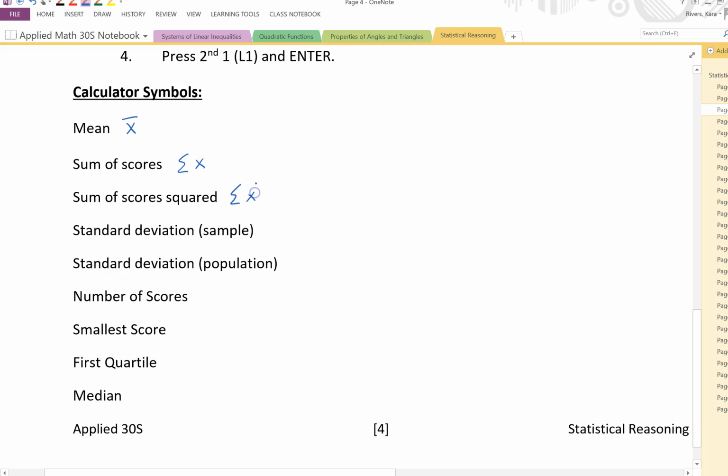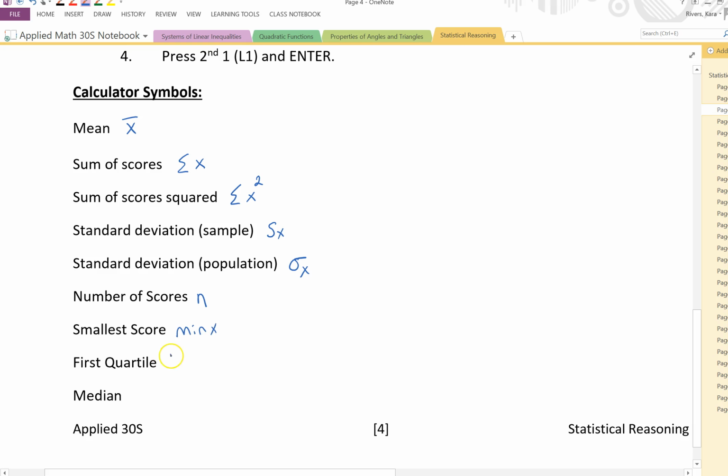Now remember, we're not using all of this in this course, but it's still good to know what these things are so you don't select them by mistake. Standard deviation of a sample. Standard deviation of a population. So some of these are Greek symbols. The number of scores. The smallest score is min x.